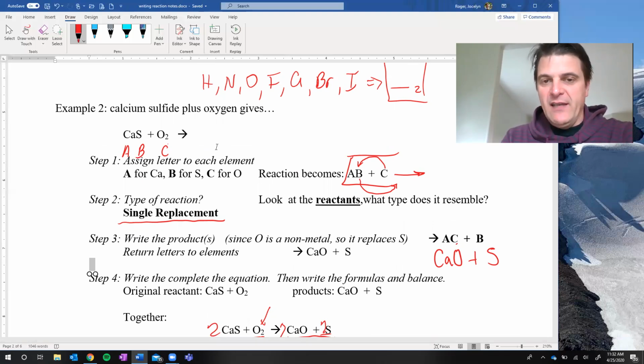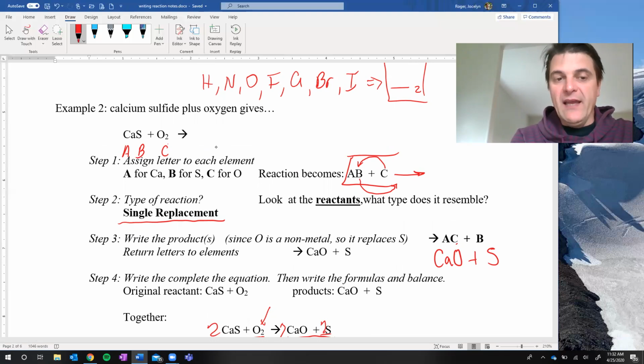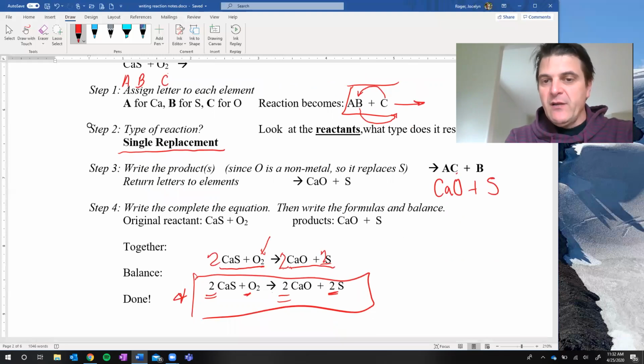Then once you have it, A plus B or something like that, then look at your patterns. That's step 2. And you find out, okay, so what does it look like? And then in step 3, put your elements back into the product. Step 4, put it together and then balance it.